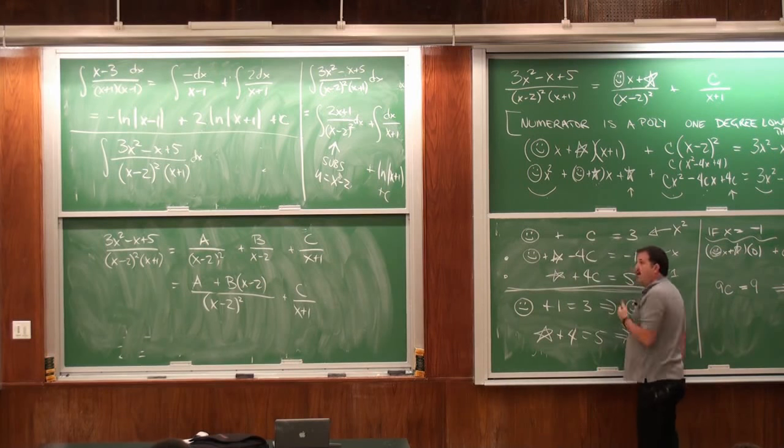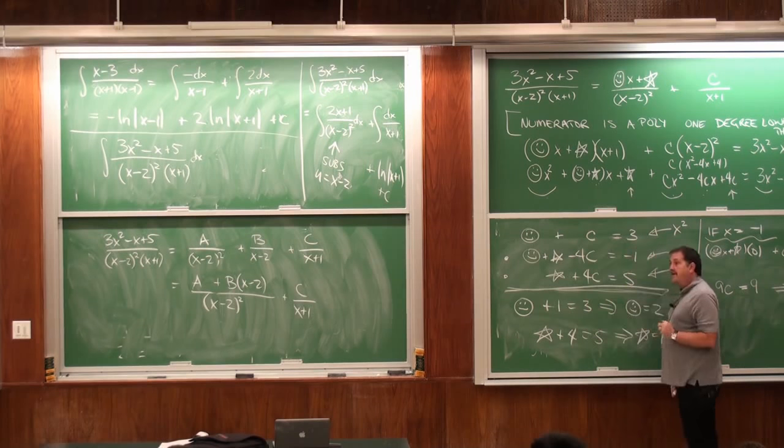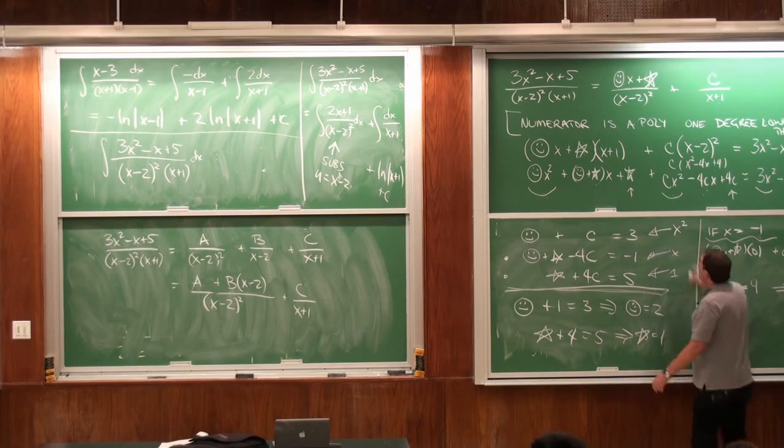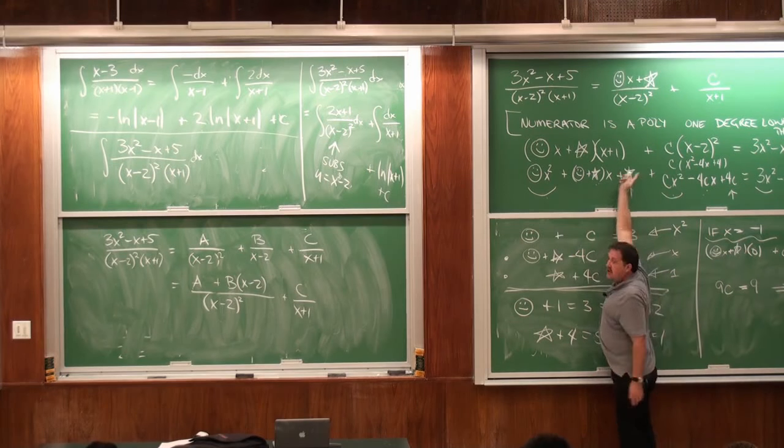I don't like solving 3 equations and 3 unknowns because I combine this and I combine that, and now I get 2 equations and 2 unknowns, and then I solve the 2 equations and 2 unknowns, and then I go back and find the other one. It's easy for me to figure out what c is not using this. So by looking at the equation here, if x is negative 1, this term is gone.